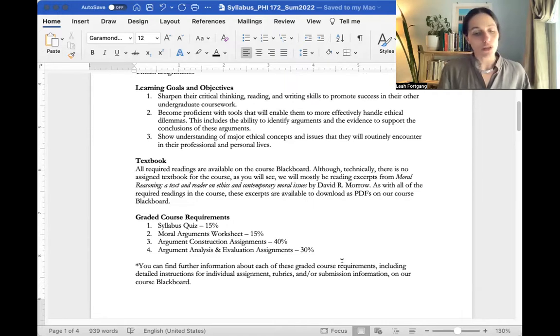Because that particular textbook is massive, there is no need for me to force all of you to spend the $115 on it, since the excerpts that we're going to be using from it are just small enough to where it's fine to just access as the PDFs I have posted on Blackboard.